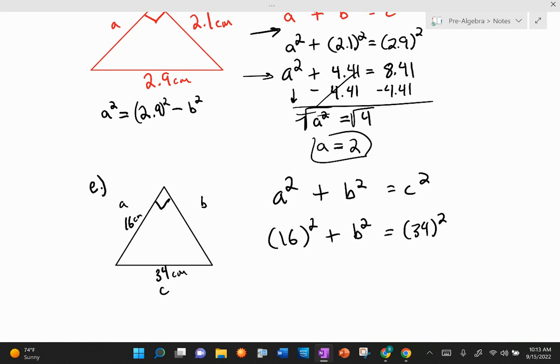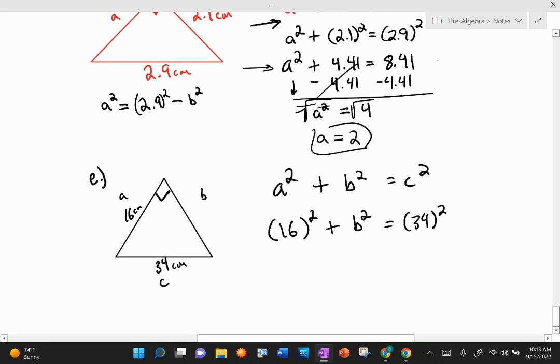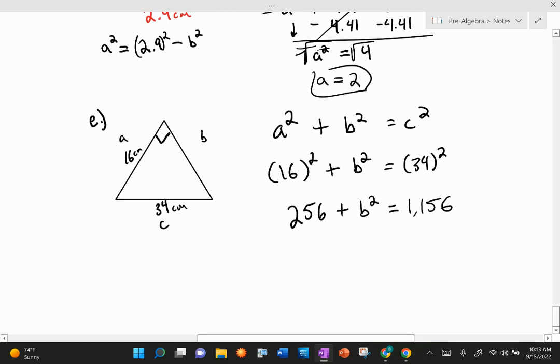Let's see. What is 16 squared? 256 plus B squared equals, what's 34 squared? 1,156. Okay. Now what do we need to do?